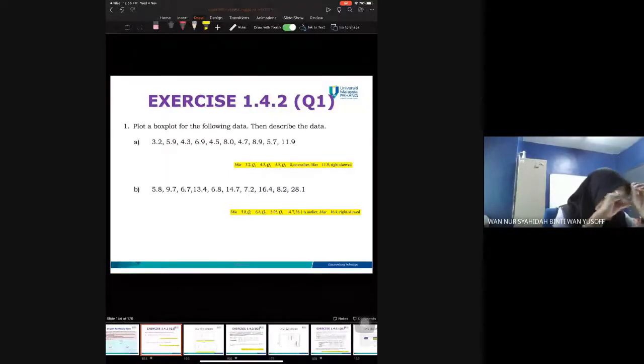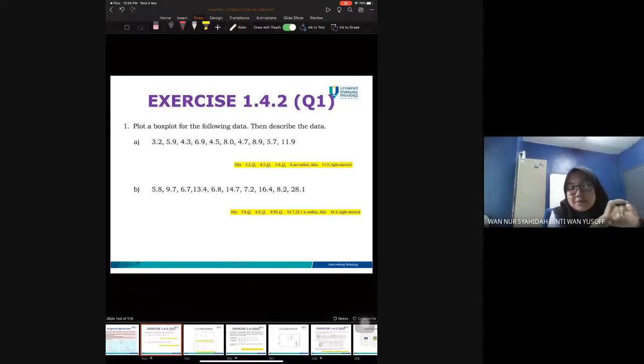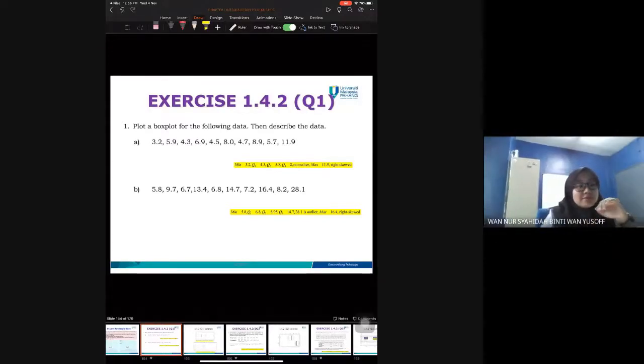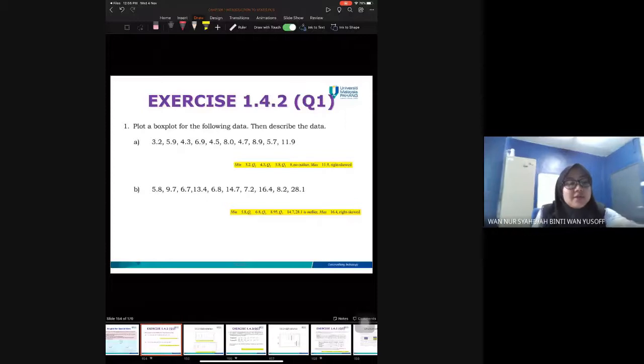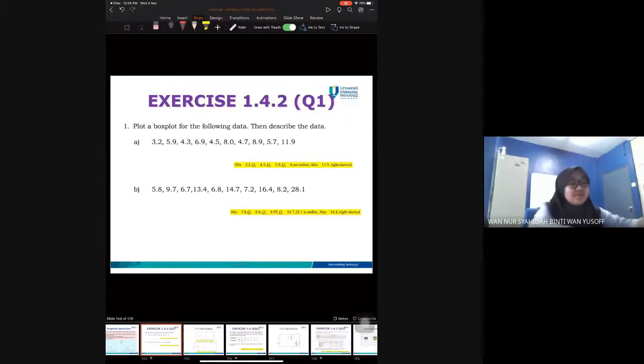In general, your box plot consists of a 5 number summary. You have the minimum value of your data set. You have the Q1; we already discussed how to calculate Q1. You have the median or the Q2.